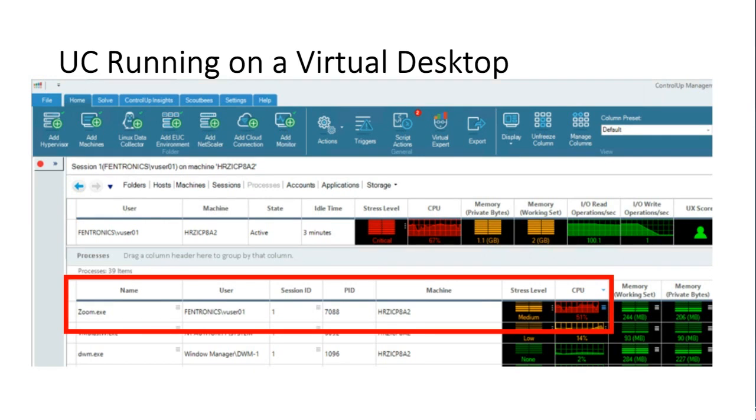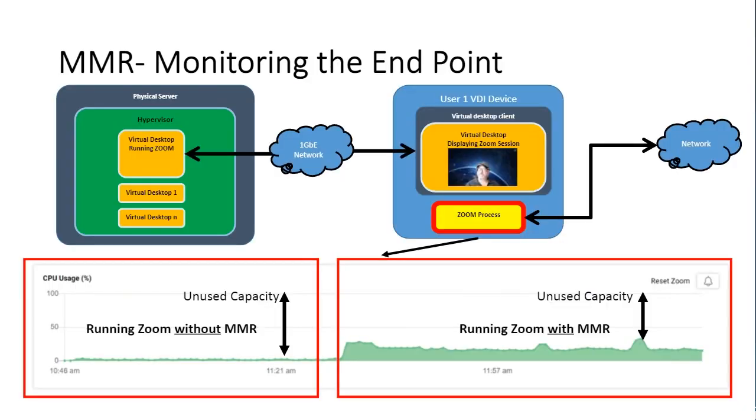So we as an industry have found some real interesting ways to get around these problems. Right now, with thin clients, zero clients, and native clients, we have excess capacity on the device that's displaying the virtual desktop, and we've found things to do, like multimedia redirection, where instead of running that process on the virtual desktop, in this case the Zoom process, we're going to run that process on the device itself and use some of that unused capacity of the device.